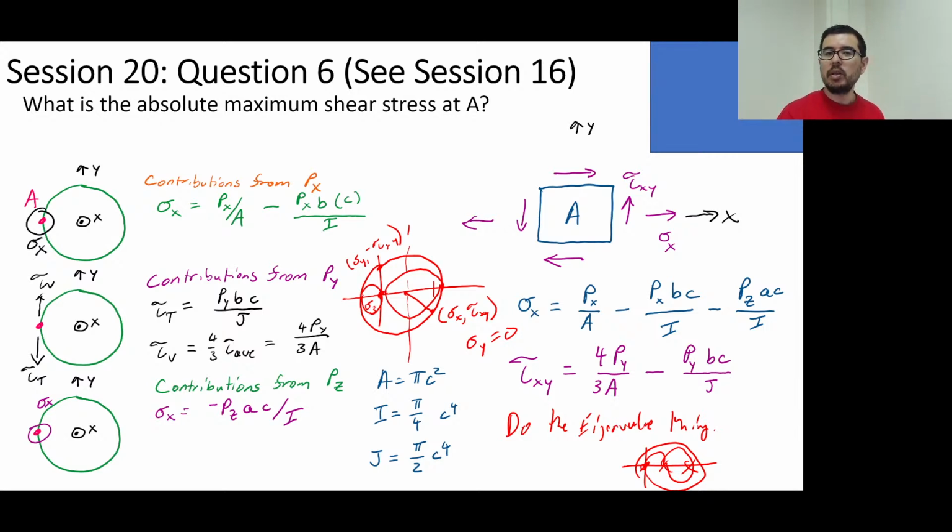Give me a quantified number. The average is just going to be sigma x divided by 2, right? Because in this state of stress, there's no sigma y. Sigma y is equal to 0. So sigma average is equal to sigma x divided by 2.